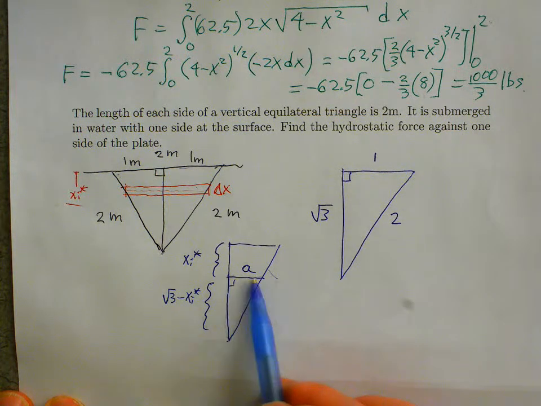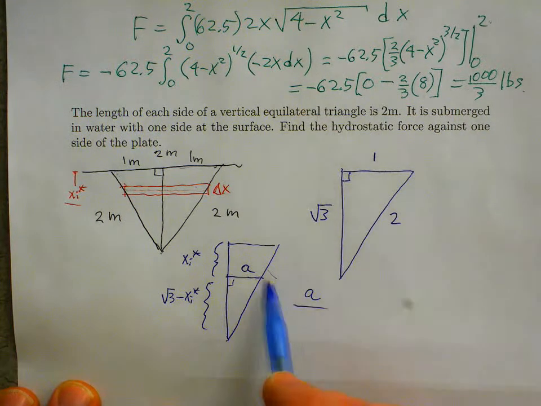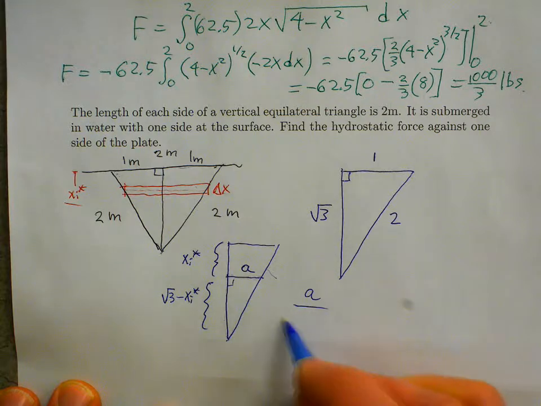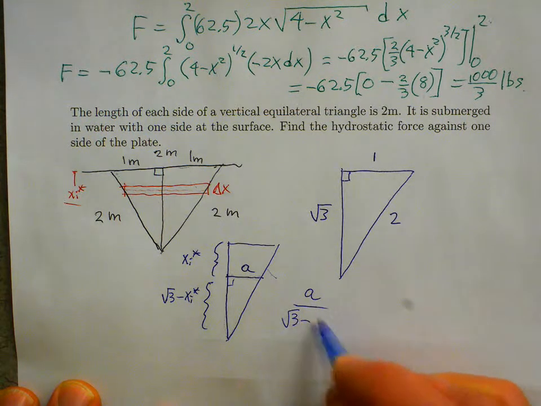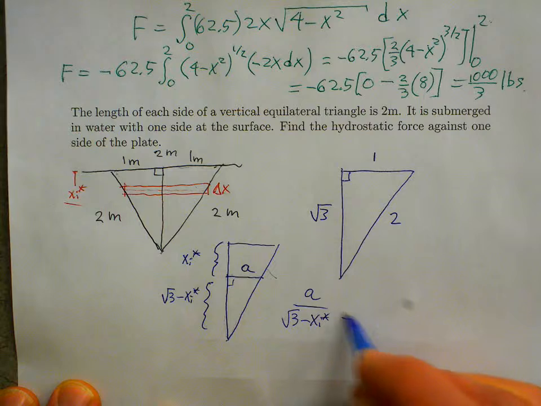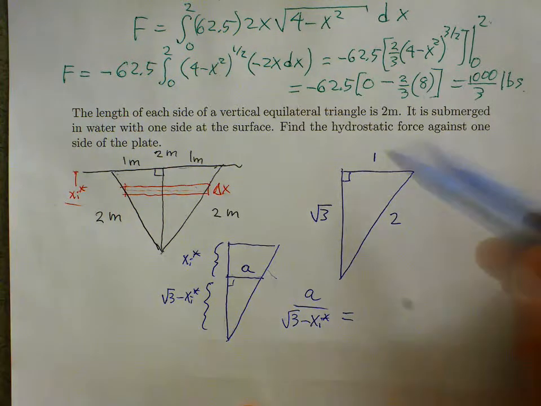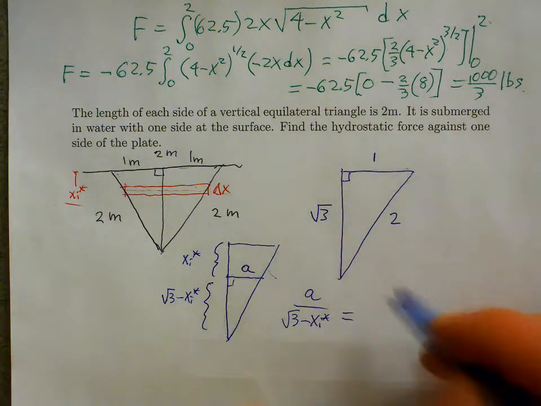And so to find the value of a, we'll divide a in this small triangle: a divided by the square root of 3 minus x sub i star is equal to 1 divided by the square root of 3.